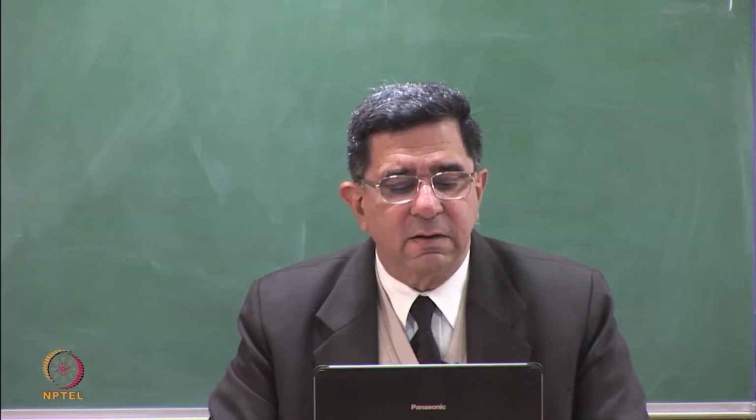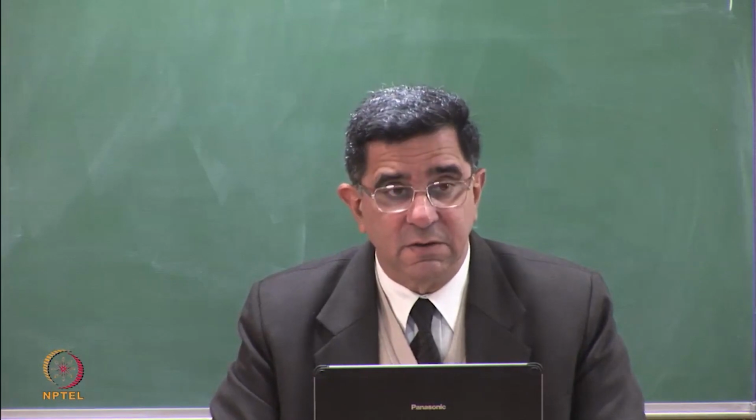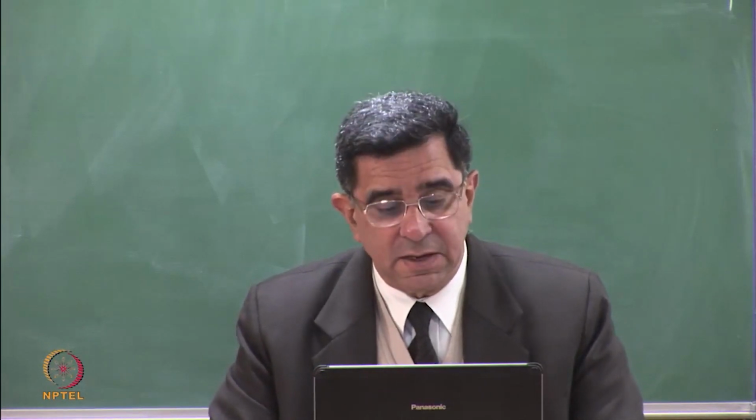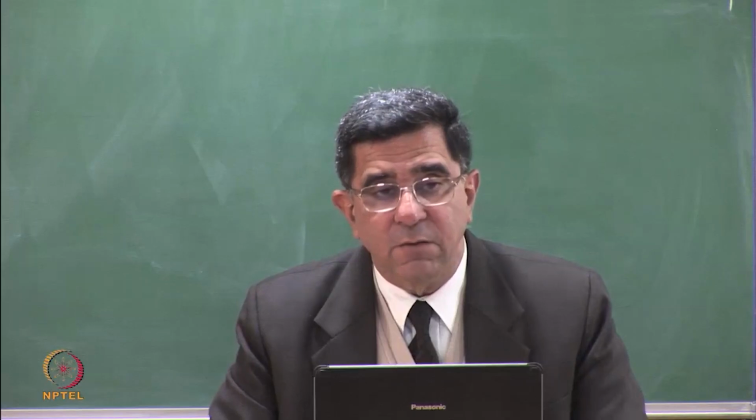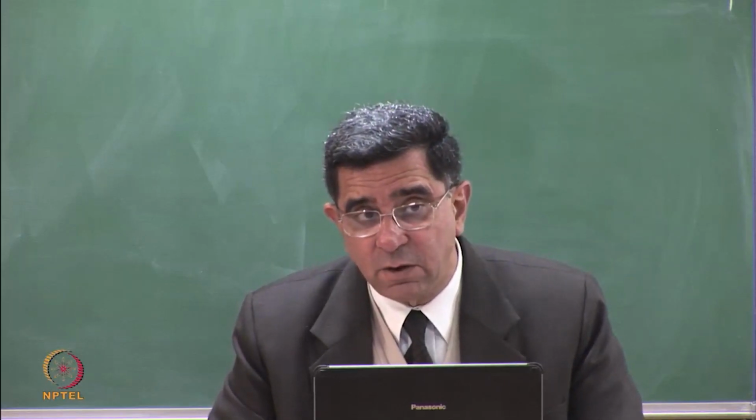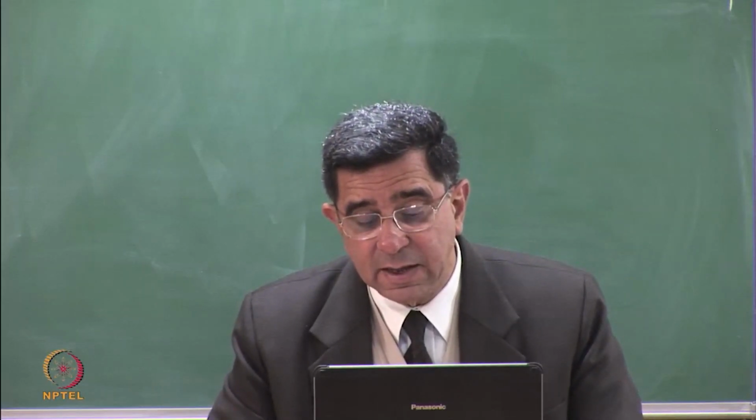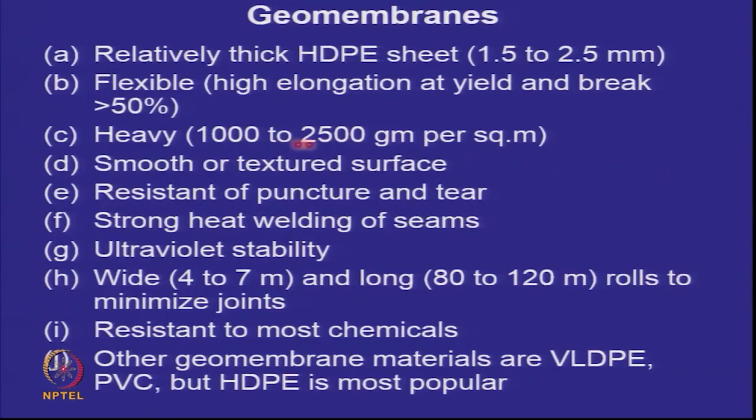They are relatively thick, they are flexible, they have significant strength, they are heavy. We talked about 400 GSM for a geotextile, but here we are talking of 1000 to 2500. So a lot of polymer. They can be smooth or textured. I showed this to you last time.